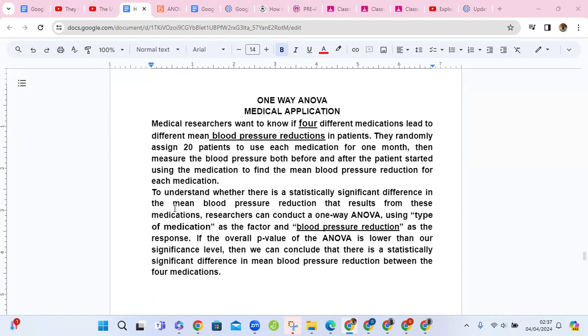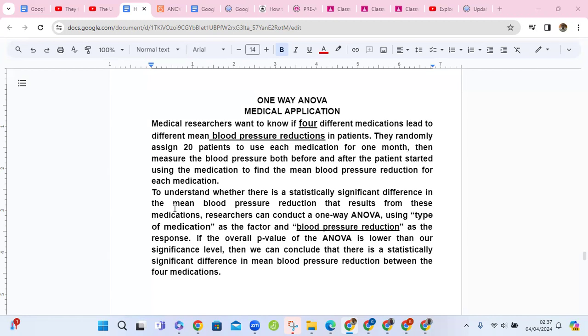So therefore, the blood pressure reductions were calculated, and there's going to be a comparison to see whether or not there's a difference in the mean blood pressure reduction amongst the medications.